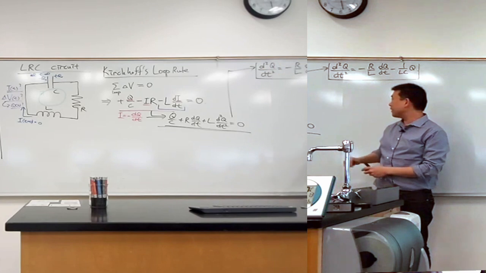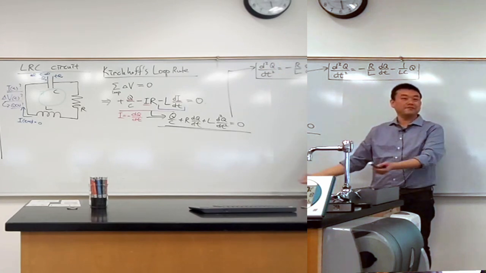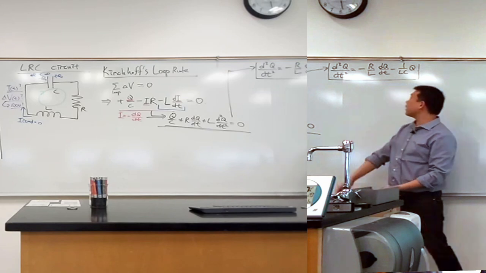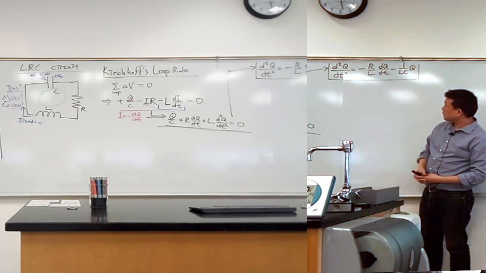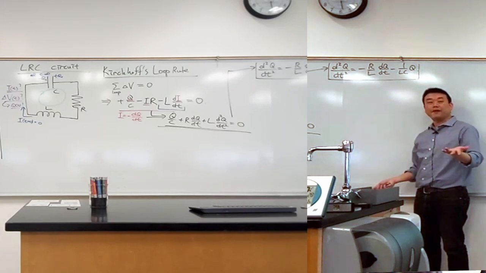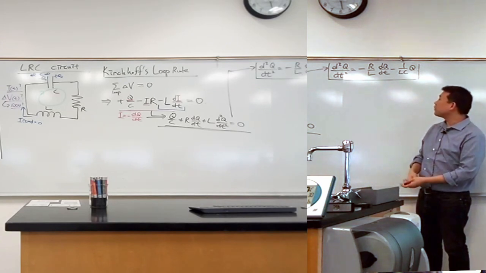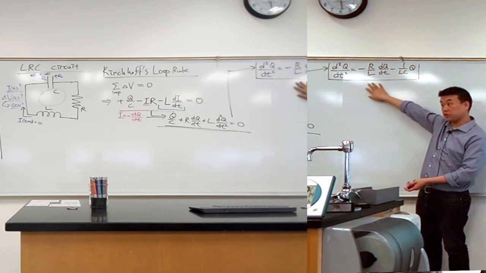Okay. So this is your second order ordinary differential equation. If you're taking Math 3F, whatever differential equations class, they will tell you how to solve this differential equation. But for us, where we only require Math 3B, we are going to guess an answer to this equation.